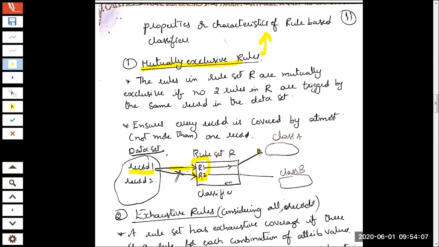Now, the situation represented in the depiction on the screen is a different case. Record 1 is triggering two rules, R1 and R2. Fine, that is accepted, nobody will have any objection to this.